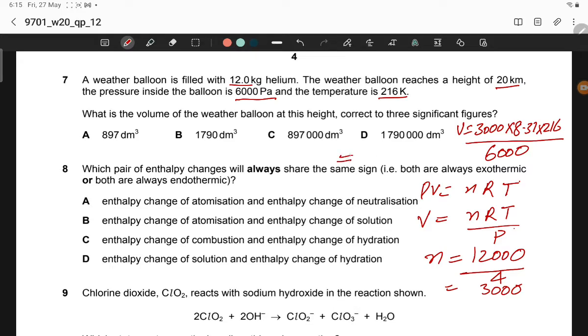It is equal to 897, and because this is dm cube and this is meter cube, so 897,000 dm cube. This C option is correct.